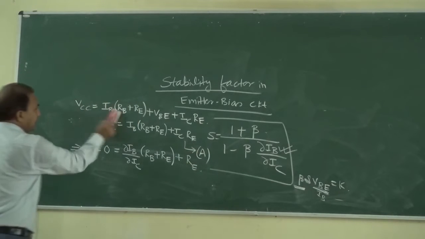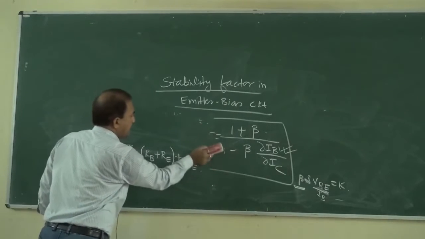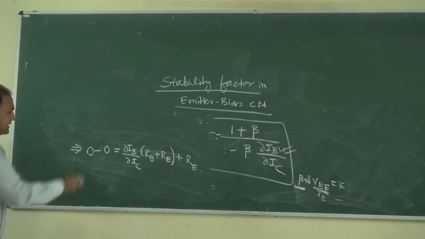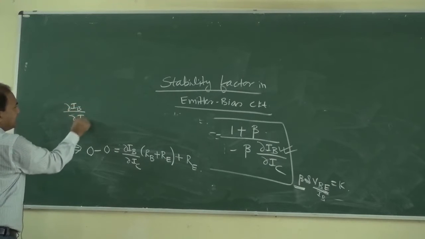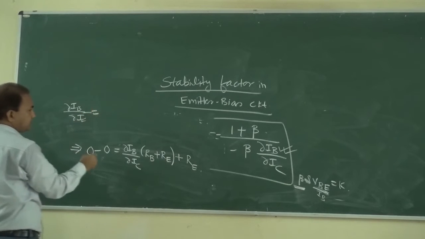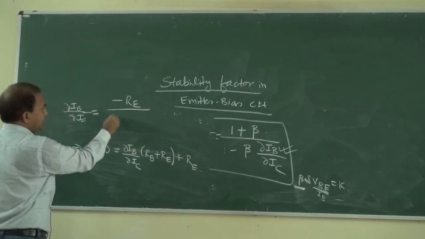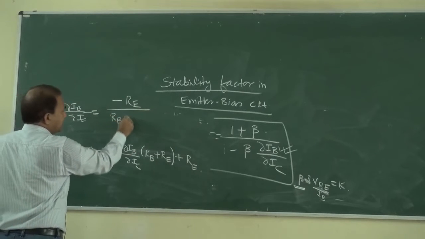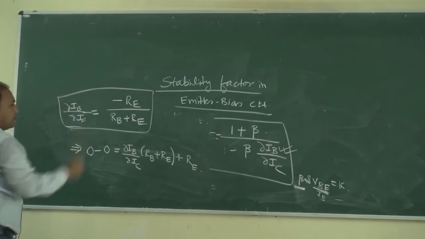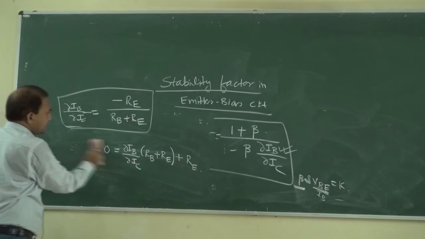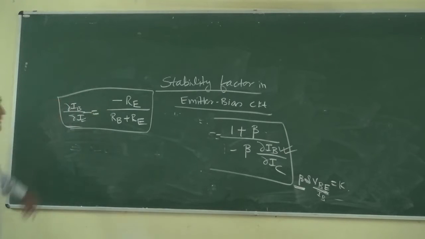So we will get del IB divided by del IC equal to minus RE divided by (RB plus RE). Okay, so this is the expression of del IB by del IC.